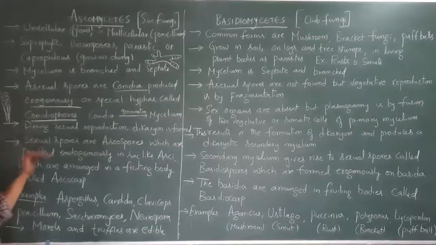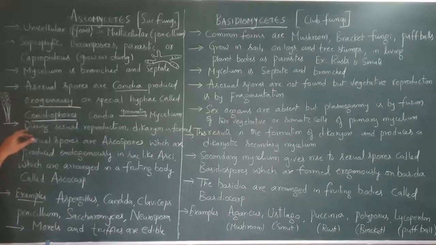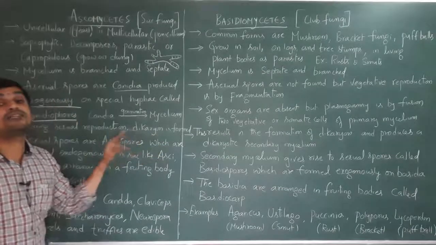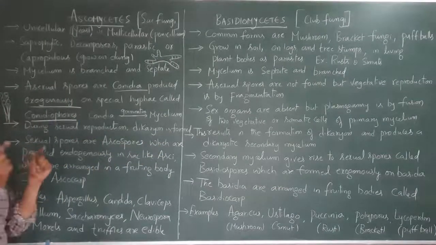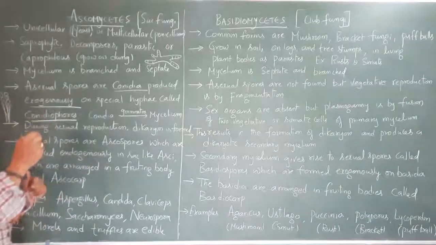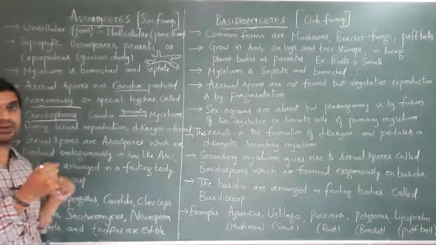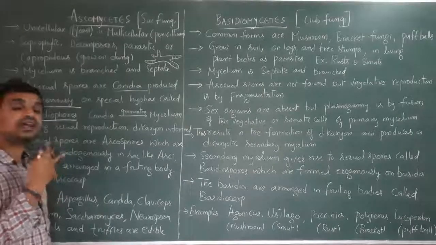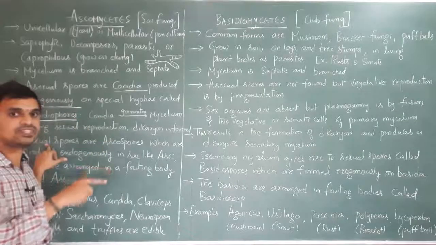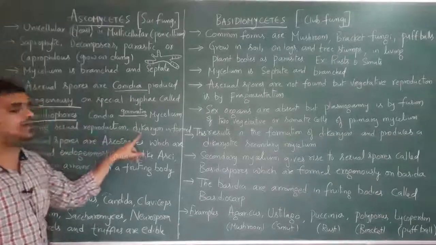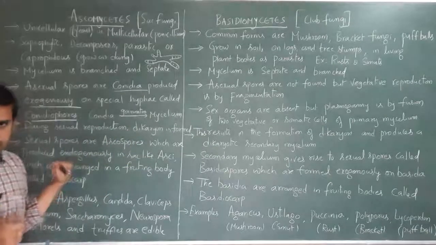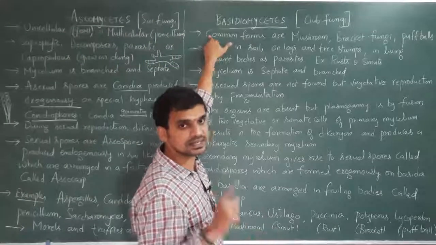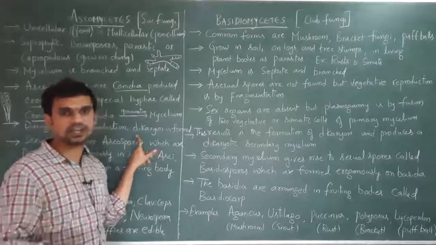Now, coming to the sexual reproduction. During sexual reproduction, dikaryon is formed. So, what is dikaryon? Whenever two compatible hyphae come in contact with each other, the walls will be dissolved, but the nuclei do not fuse for some time. Later the nuclei can be fused. The single cell which contains two nuclei is called dikaryon. The common feature between ascomycetes and basidiomycetes is the formation of dikaryon.